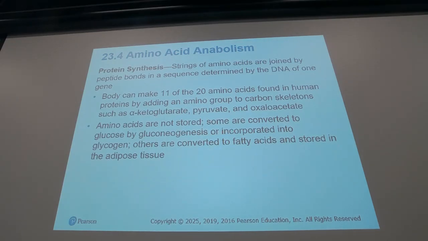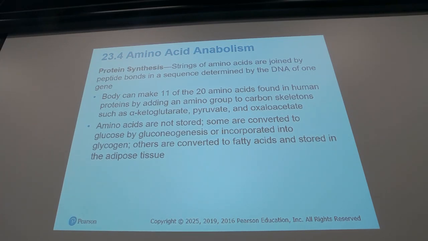The rest are non-essential. And when it comes to essential amino acids, they are amino acids that are required to be in our diet. Otherwise, our cells won't be able to make them. But for the rest that are non-essential, you can transaminate, you can change R groups, and then you can have a different type of amino acid.